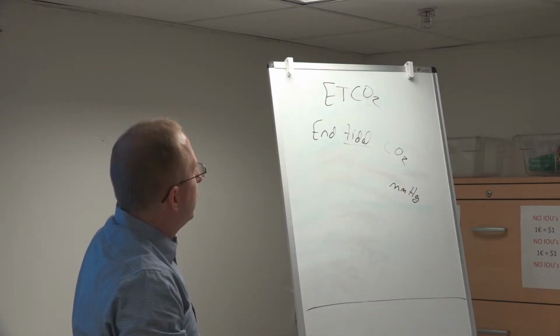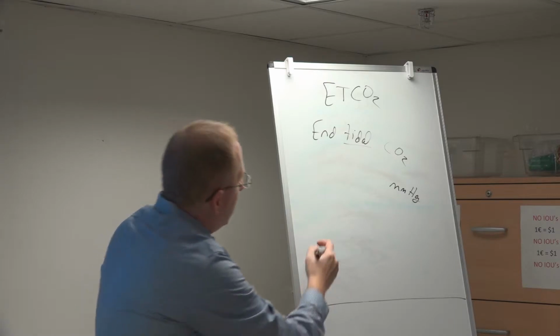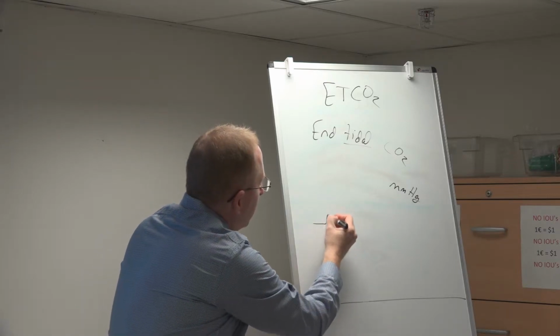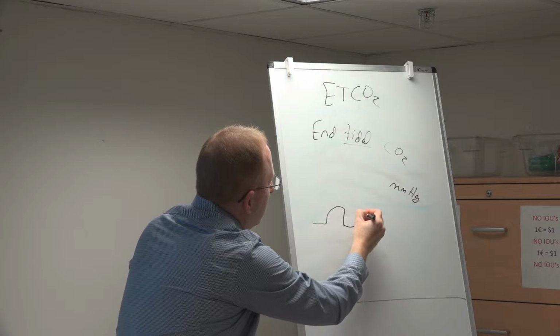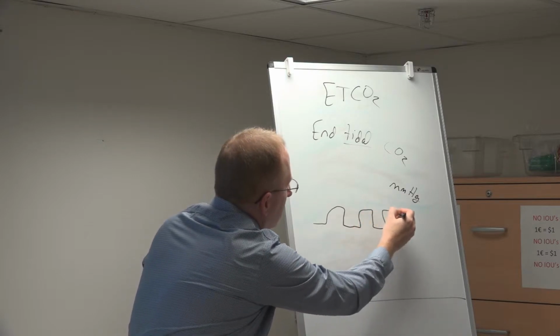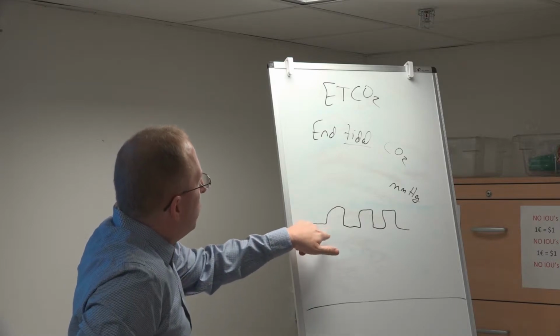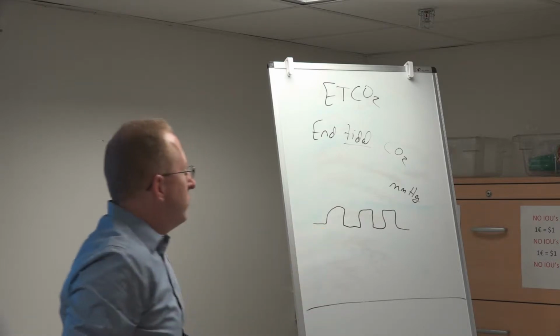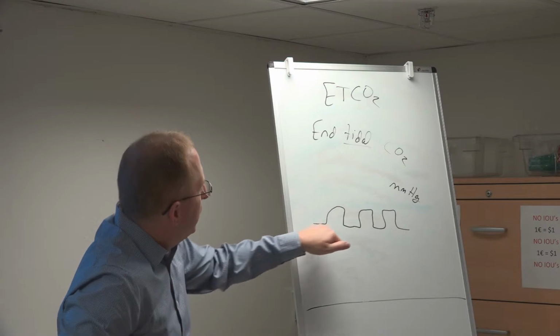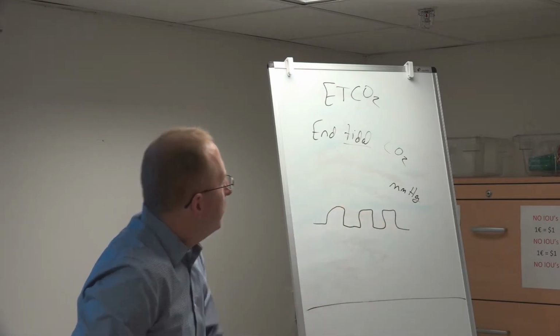Okay, so the end-tidal CO2, and when you see it on your machines, it kind of looks like this, right? Something like that. I can't really draw very well. But when you look at your end-tidal CO2 devices, this is kind of the breathing pattern.